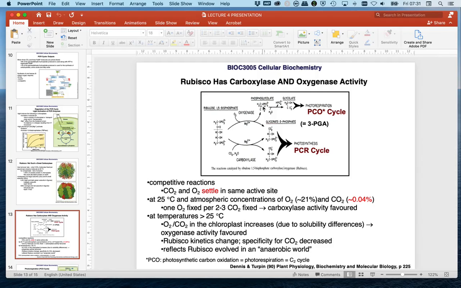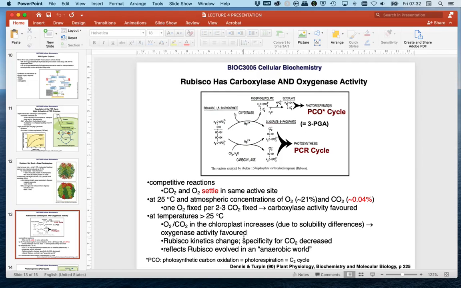So a 2-carbon compound. And that 2-carbon compound, phosphoglycolate, sets off another set of reactions that is known as photorespiration. It's also called the PCO cycle, okay? And it's also known as the C2 cycle. So again, different names, but all describing the same set of reactions.